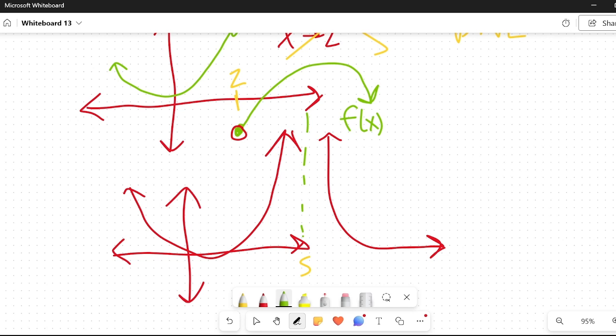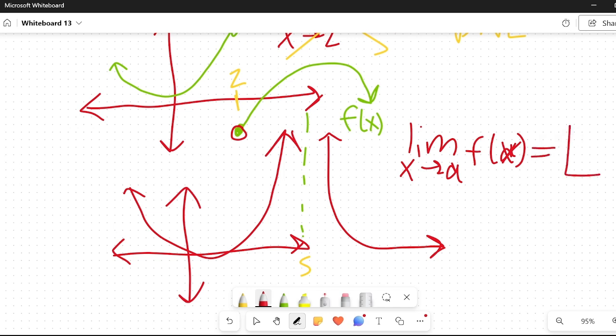Remember we defined a limit as so. We said the limit as x approaches a of f of x equals L, and that is our limit.